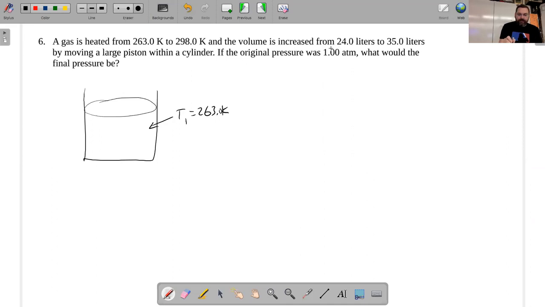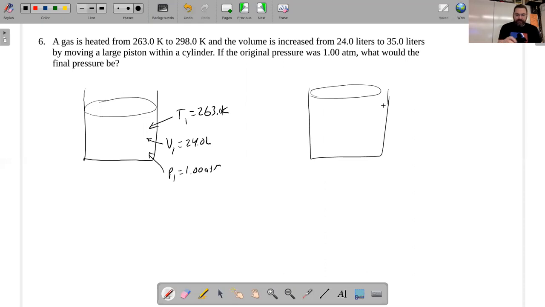The initial volume is 24 liters, and the original pressure is 1 atmosphere. The change that happens is that we move the piston up inside the cylinder. So if the piston moves up, that makes the volume larger. So the new volume is 35 liters, and the temperature goes up to 298 Kelvin.